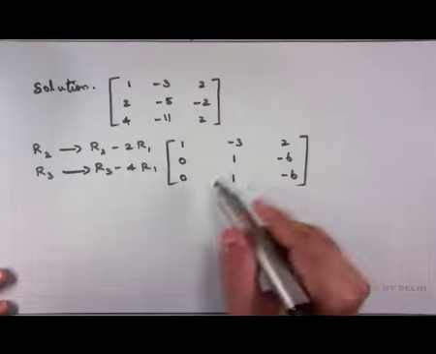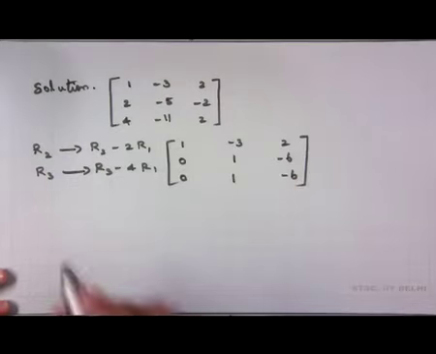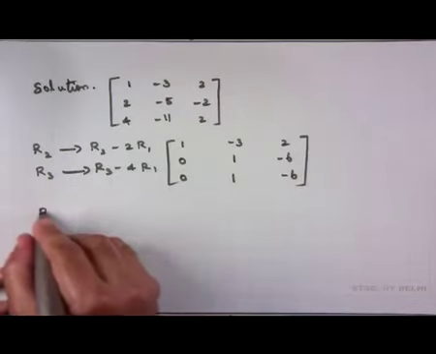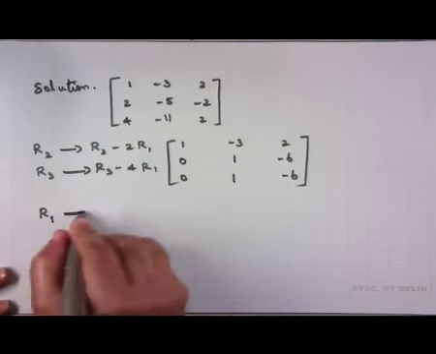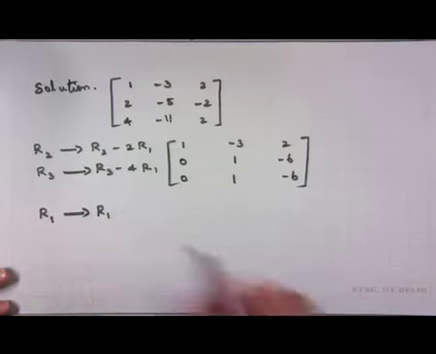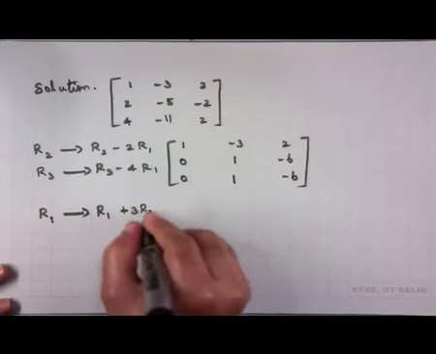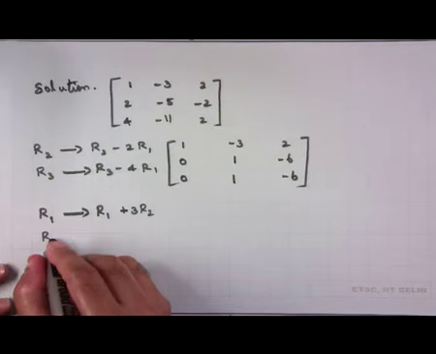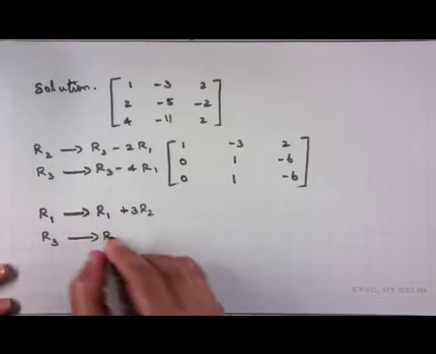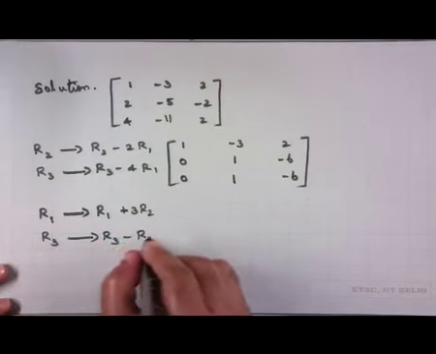Now, let us convert minus 3 and 1 into 0. R1 is replaced by R1 plus 3 times R2 and R3 is replaced by R3 minus R2.